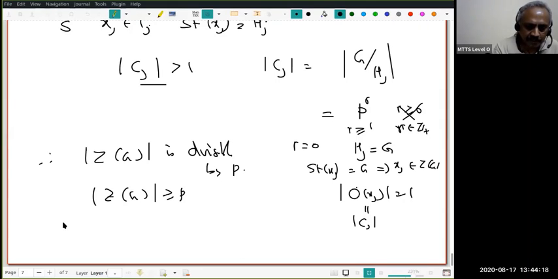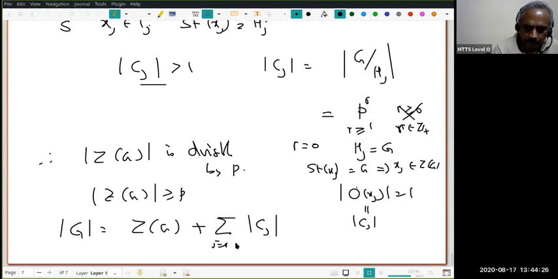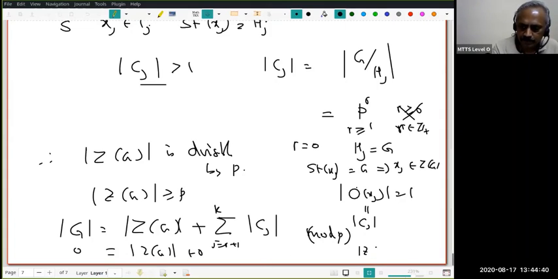One usually reads it modulo p. If I read it modulo p, then this will be 0, plus mod ZG. Therefore, we conclude mod ZG is congruent to 0 mod p. That means p divides mod G.